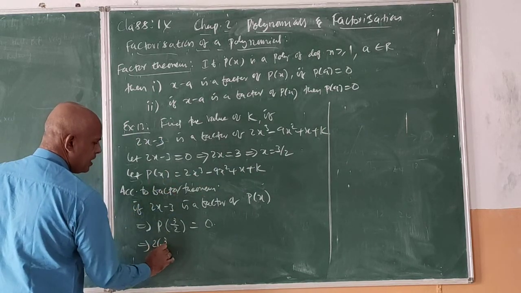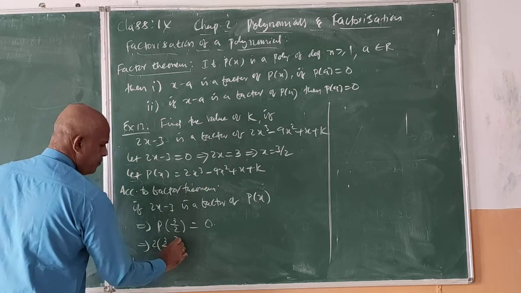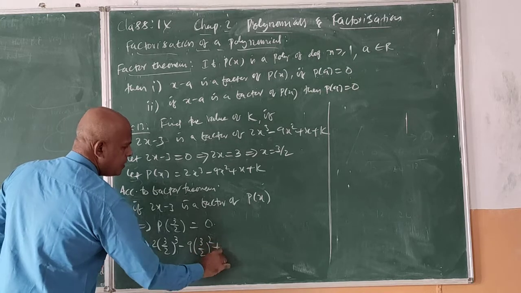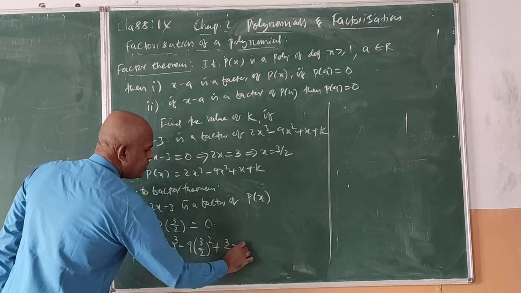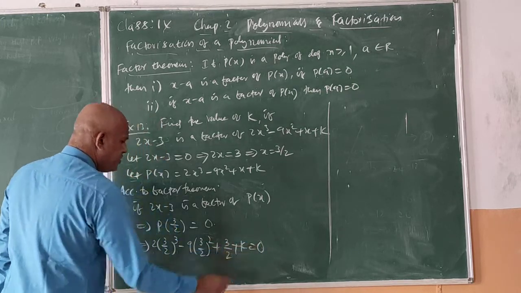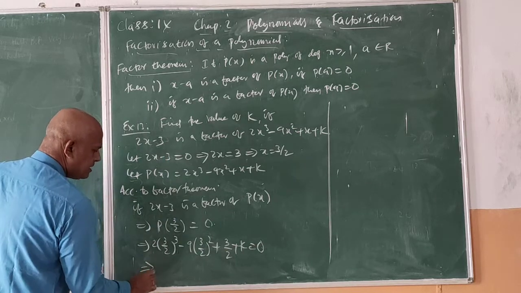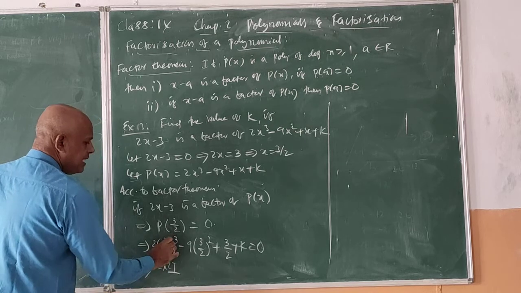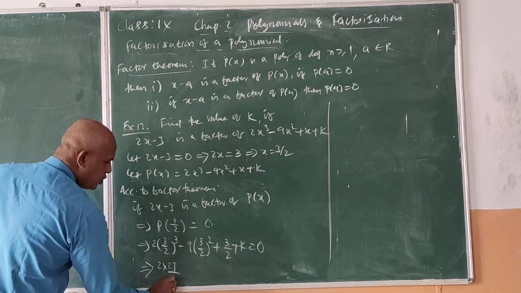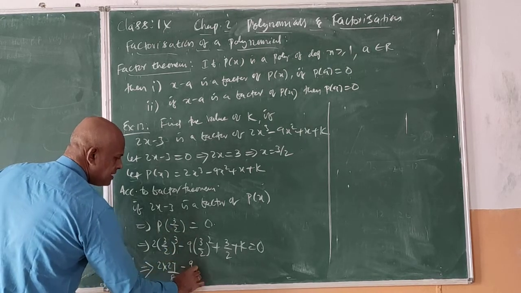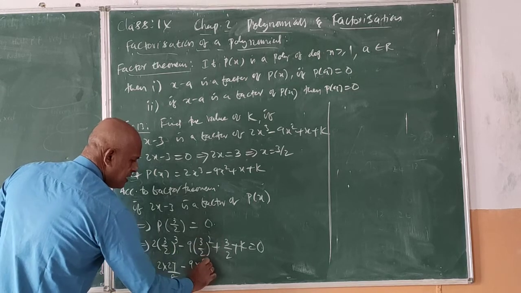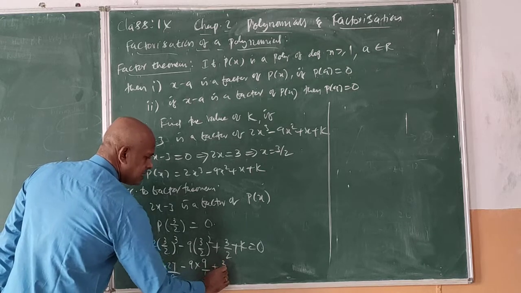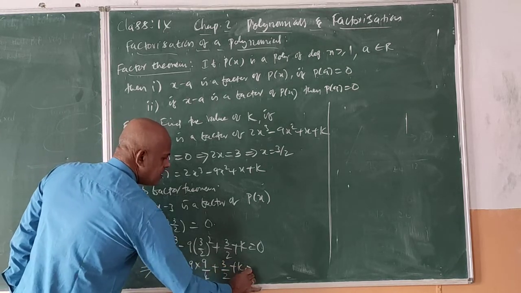2 into 3 by 2 whole cube minus 9 into 3 by 2 whole square plus 3 by 2 plus k, we have to equate to 0. Which implies 2 into 3 cube, 27, divided by 2 cube, 8, minus 9 into 3 square, 9, divided by 2 square, 4, plus 3 by 2 plus k is equal to 0.